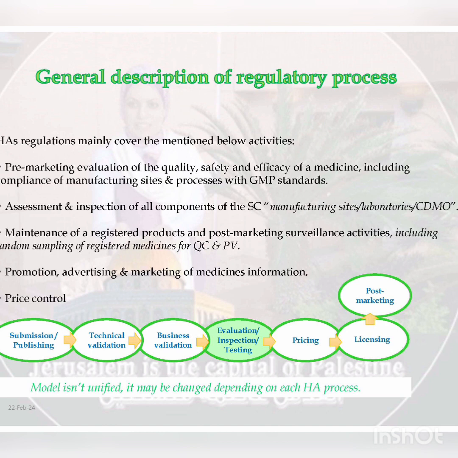You can see a model for the regulatory process, starting with the submission and publishing of the registration dossier to the health authority. The dossier will pass through the technical validation process by the health authority, and then the business validation step and evaluation by the health authority.